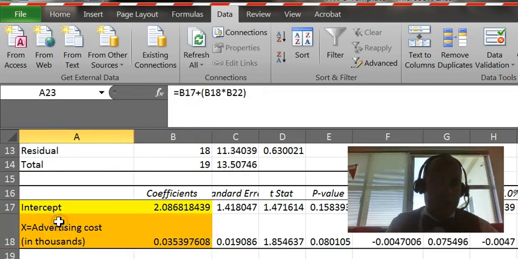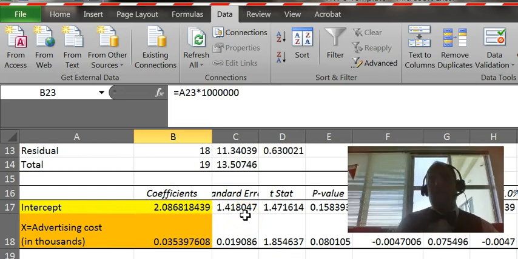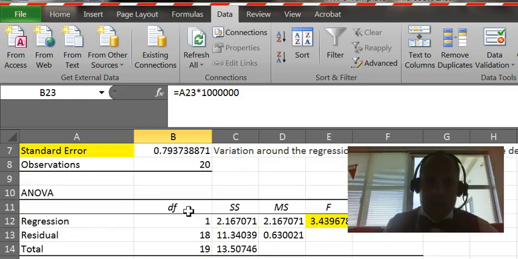If I just plug these numbers into the equation, I get, using a predicted x value, and you can pick any number here, I just randomly chose $81,000 worth of advertising, it is predicted that 4,954,000 orders would be produced. So that's the regression analysis. Pretty easy breezy.